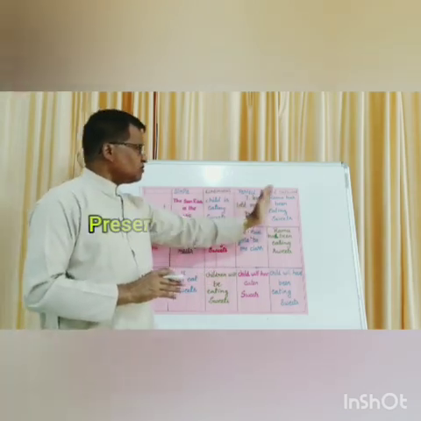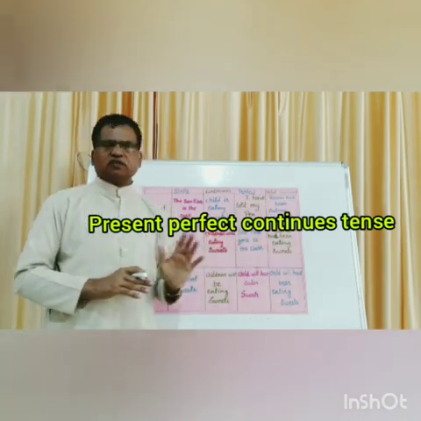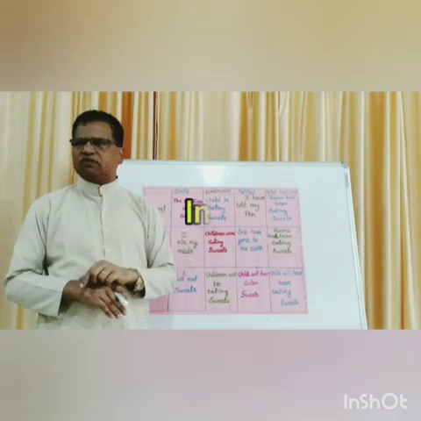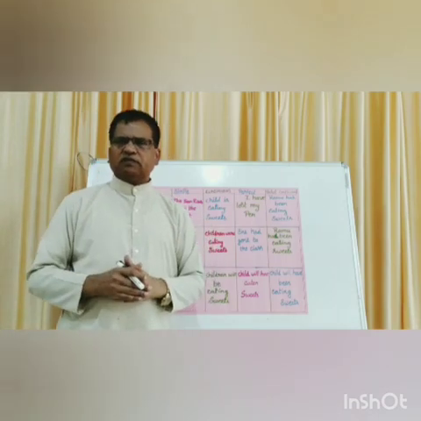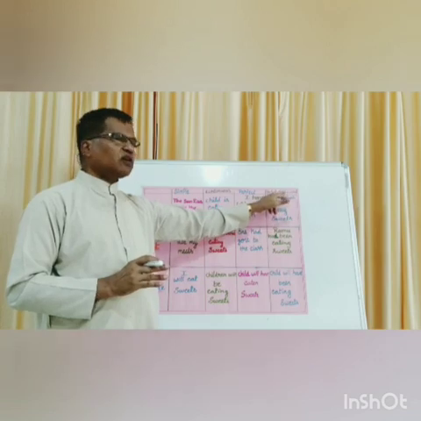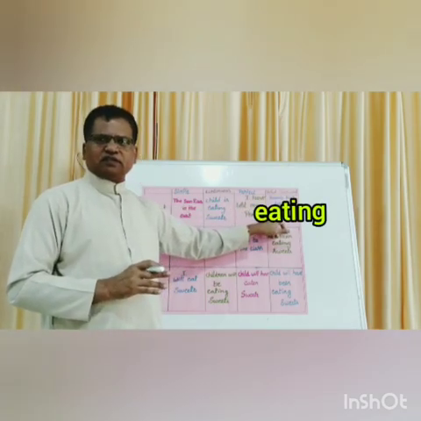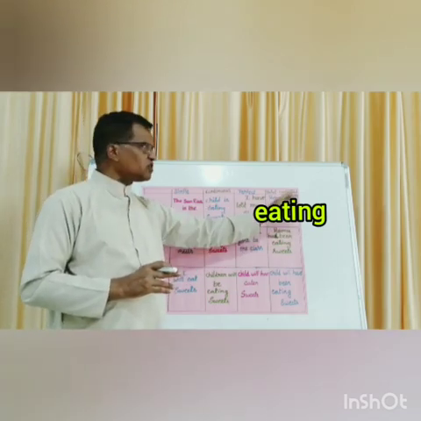Next. Come to the fourth column here, present perfect continuous. Continuous means, here what did you do? Main verb is in which form? The ing form. Easy. The main verb is always in the ing form. Continuous means this column. So, eating. Here also it could be eating; there also it should be eating because continuous.